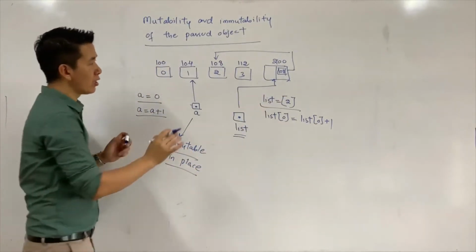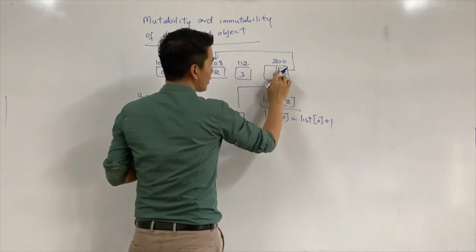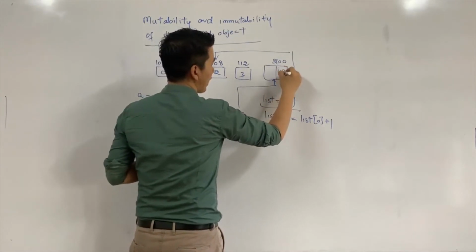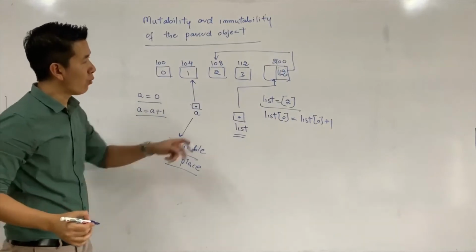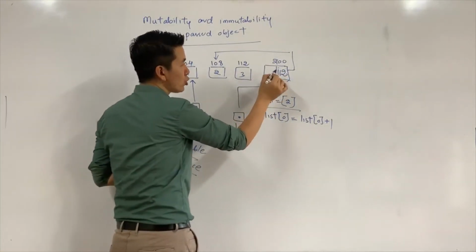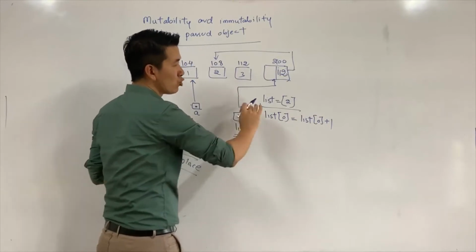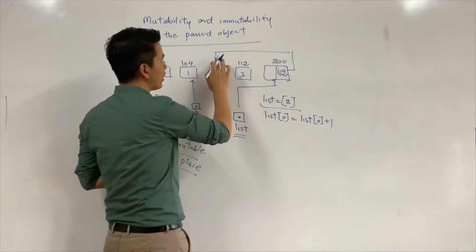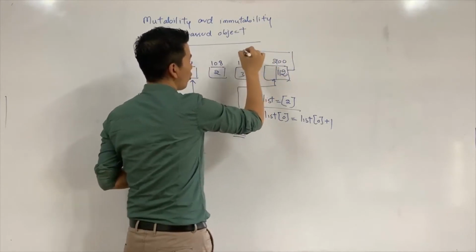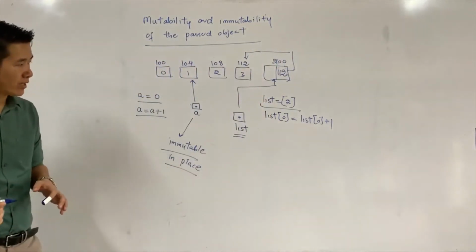Rather, 108 will now change to 112. Why will this change to 112? Because the new individual element of the list is no more 2, rather it is 3. So in the process, this will now point at 112, right?